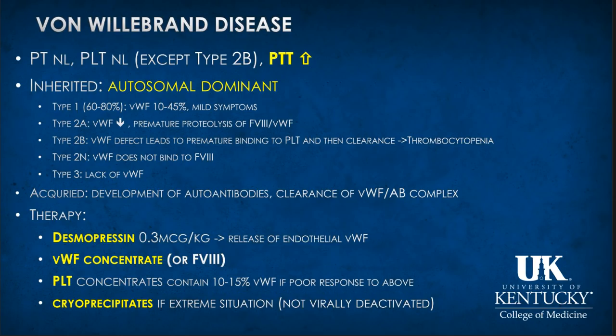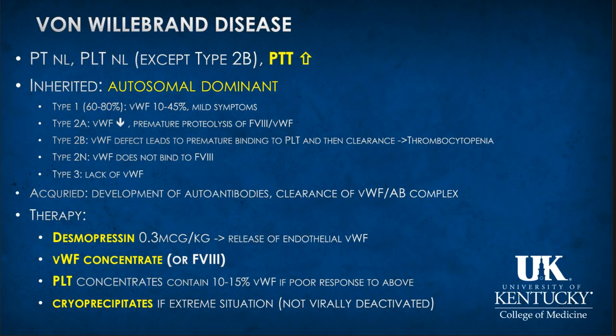Von Willebrand disease looks, laboratory-wise, relatively similar to hemophilia, but it's a different deficiency. So normal coagulation profile except elevated PTT. Here the inheritance pattern is autosomal dominant, so therefore men and women.